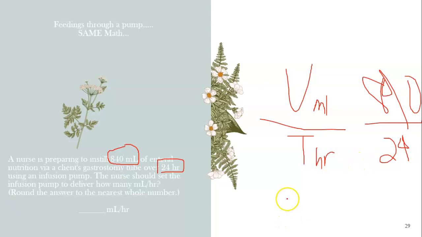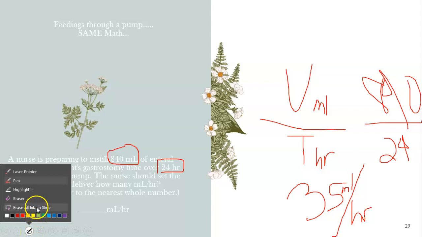That baby's going to be running at 35 mils per hour. I have a question. Can't I also then take 35 and times it by 24 and make sure that I have the same answer? It'd be the smart thing to do.